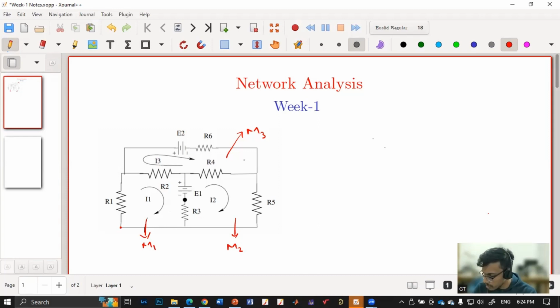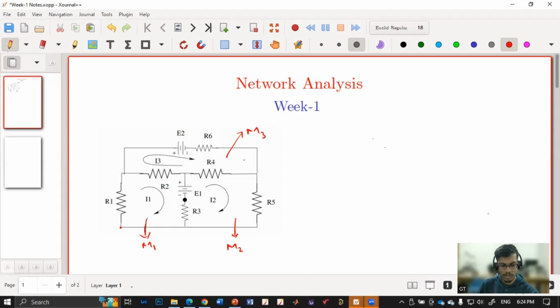From this point, if I go around this mesh and come back to this point again, what will be the equation for mesh 1? E1 minus E2 minus R2 R1 minus R3.